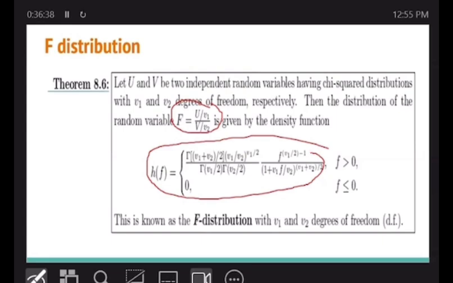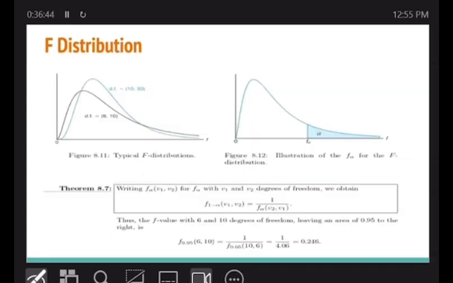So this is the shape of the F distribution. It's based on two different degrees of freedom, V1 and V2. So if I want to check from the F table, I will check at two different degrees of freedom against the level of significance. That is what it actually means. This is just an example.